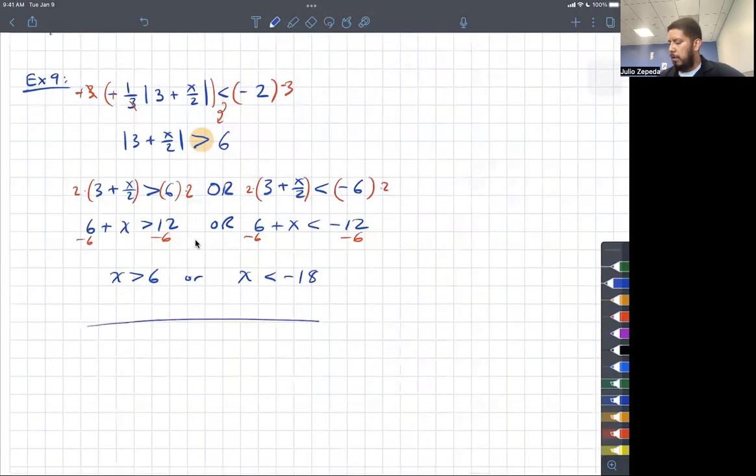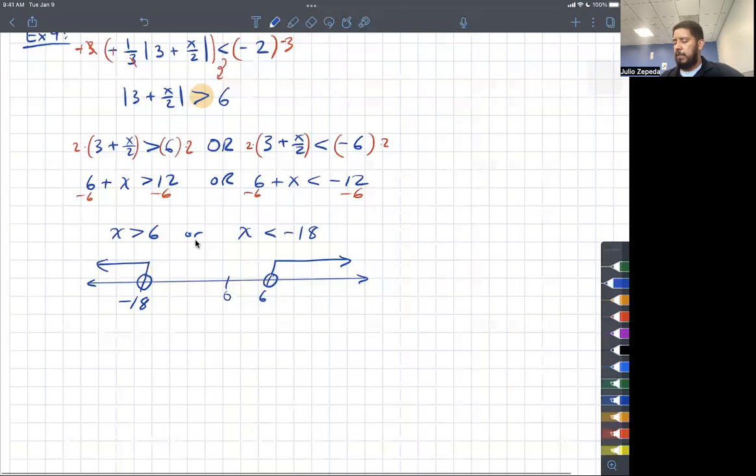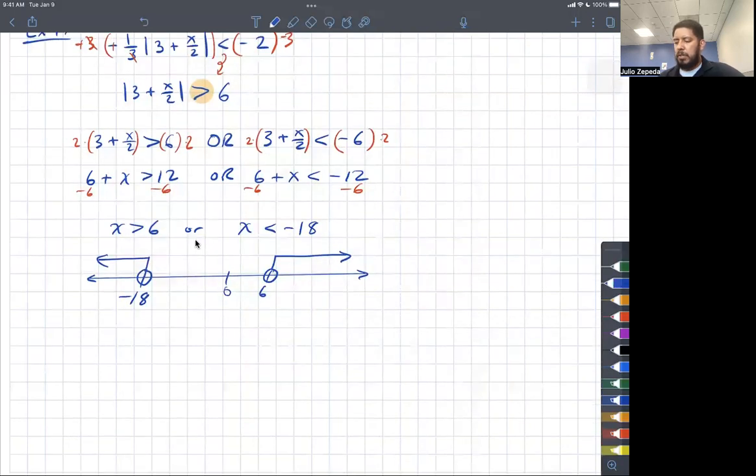On a number line, I won't do this one perfectly, but with 0 here, we have negative 18 somewhere out here, and 6 is somewhere right here. We want all numbers greater than 6, that would be all numbers to the right of 6, not including 6, and all numbers less than negative 18. And so there's our graph.